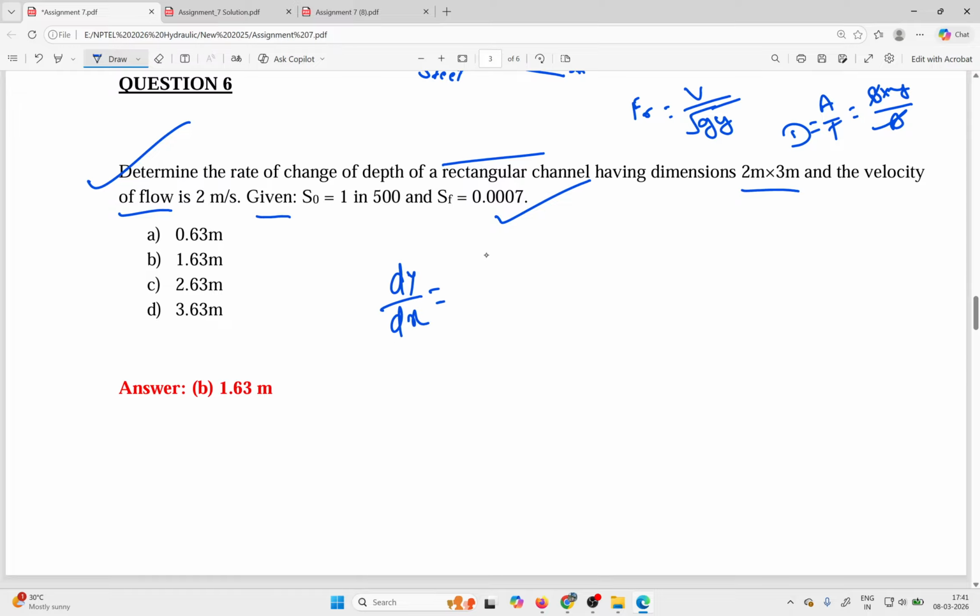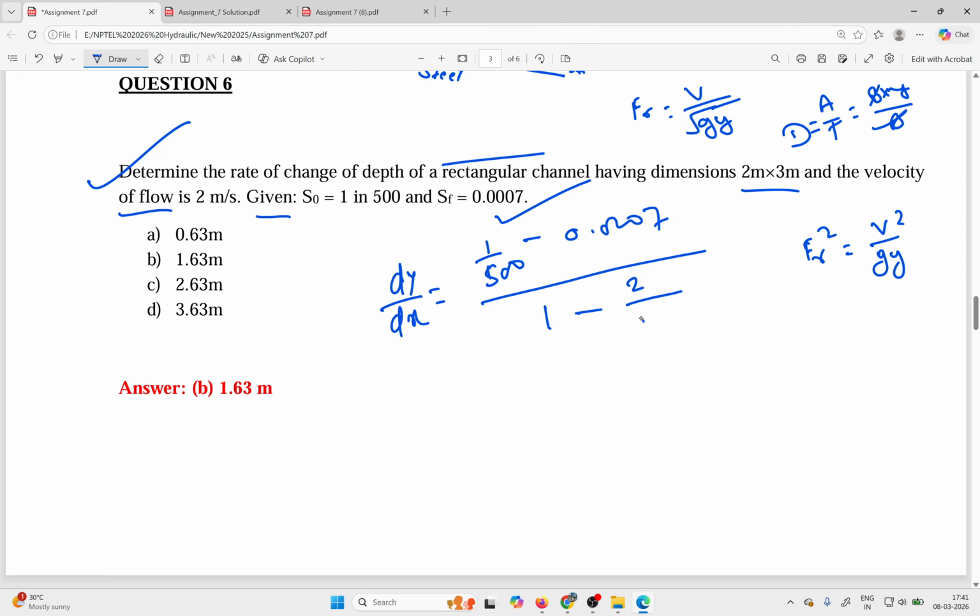So S naught is 1 in 500, so you can write like that also, minus 0.0007, divided by 1 minus Fr square, means v square by gy. So v here in the question is given 2 meter per second, divided by g 9.81, depth of the channel.